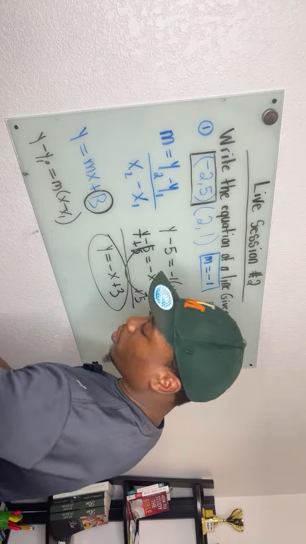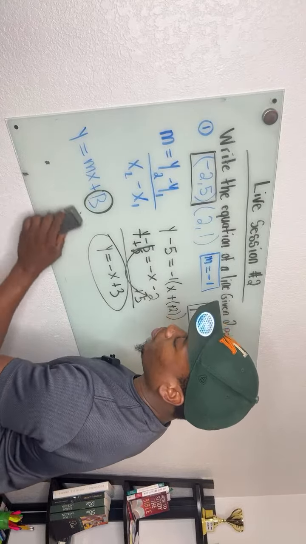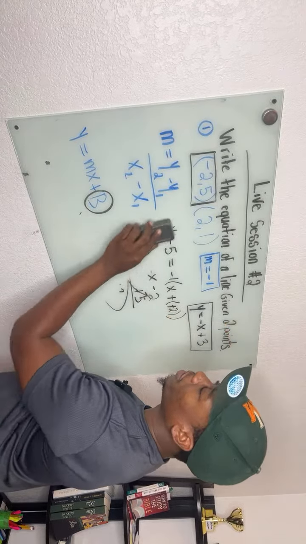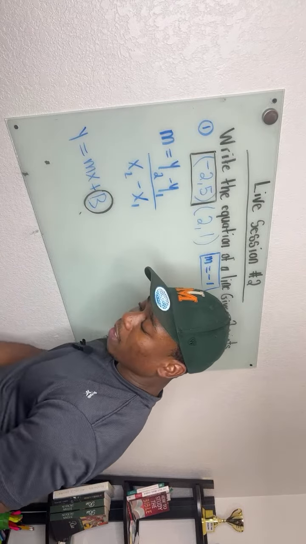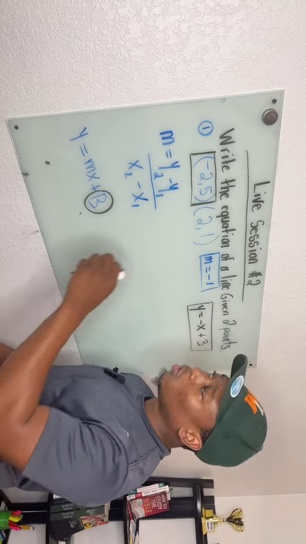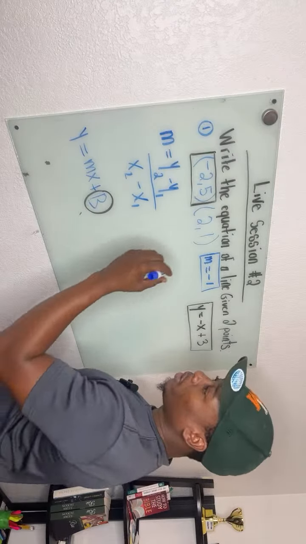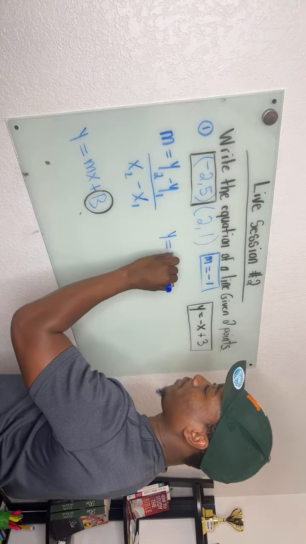Now that we know this method works, let's erase all this and see if we get the same exact answer if we use a different point. What if we use the point 2, 1? I write my equation, y is equal to mx plus b.